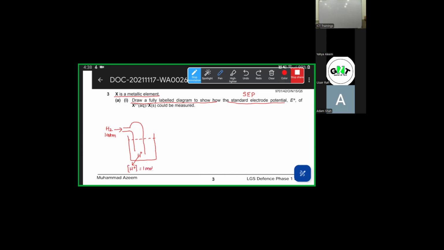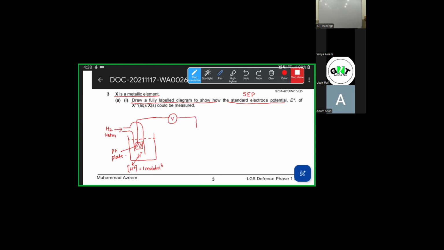Hydrogen and hydrogen ions are unable to conduct electrons, so you should put a platinum plate up here. This is the platinum plate, and you should join it with a voltmeter in between.